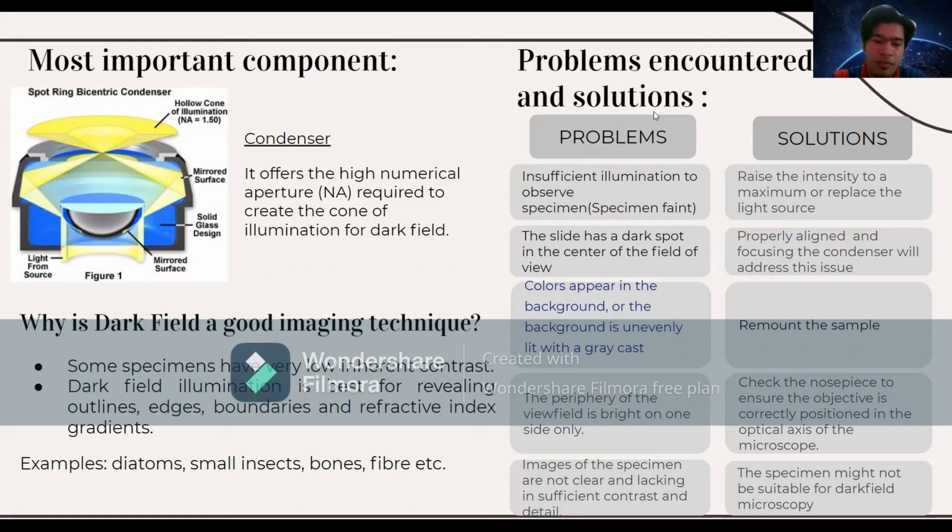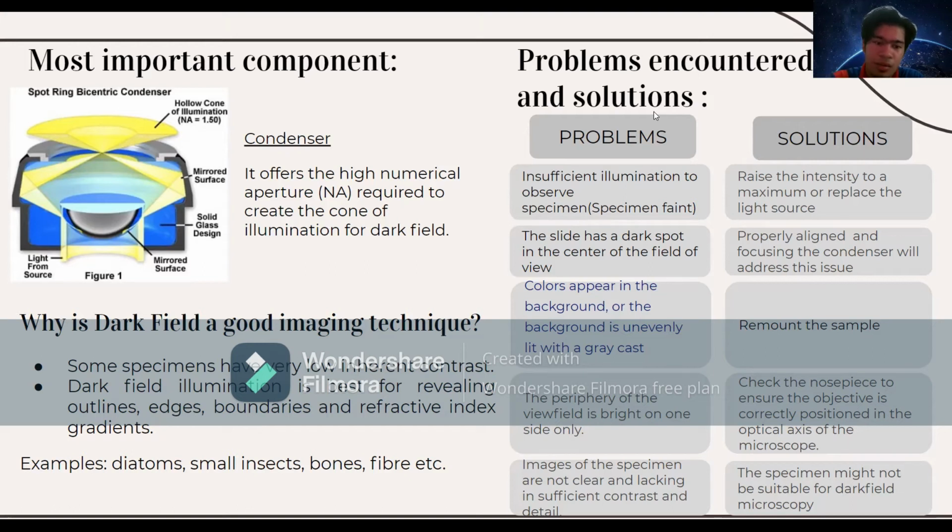Usually dark field illumination is best for revealing outlines, edges, boundaries, and refractive index gradients. These candidates for dark field illumination also include minute living aquatic organisms, diatoms, small insects, bone fiber, hair or unstained microorganisms, yeast, and also cells in tissue culture.